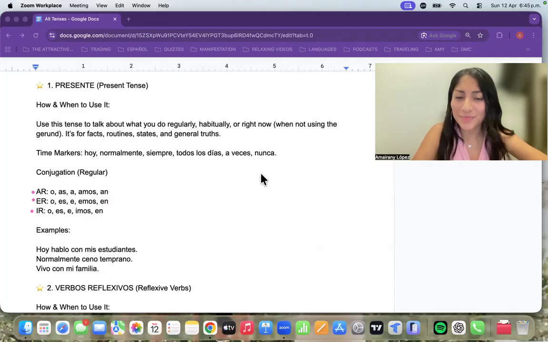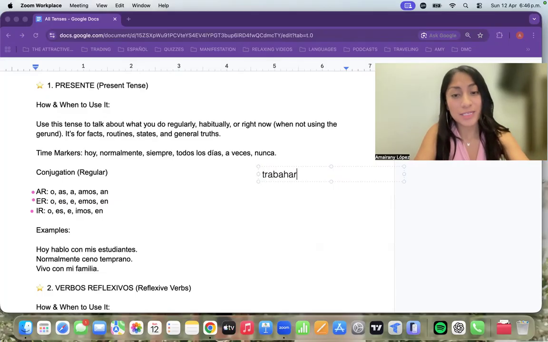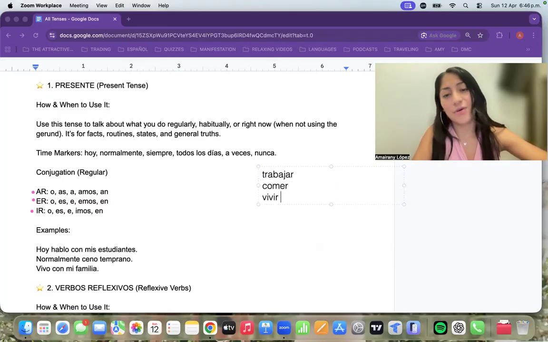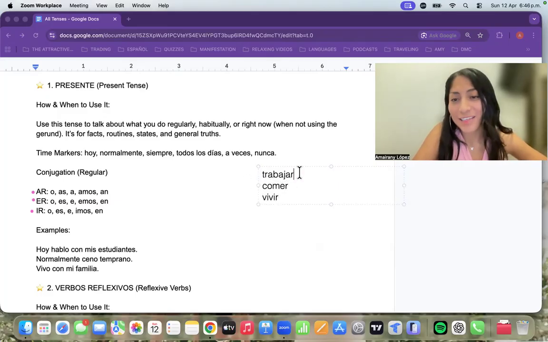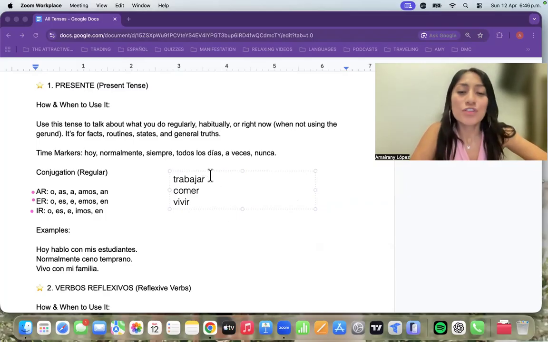Why is that? Well, within the regular verbs, we have three different categories of verbs. We have those ending with ar, those ending with er, and those ending with ir. Trabajar, to work, comer, to eat, and vivir, to live. Okay?